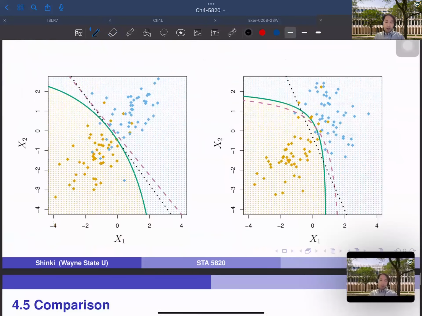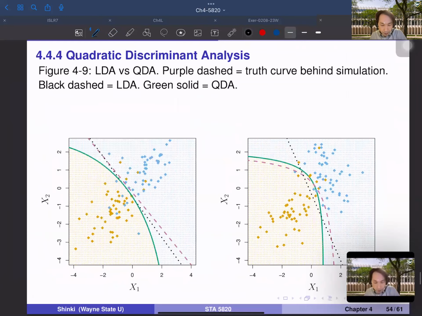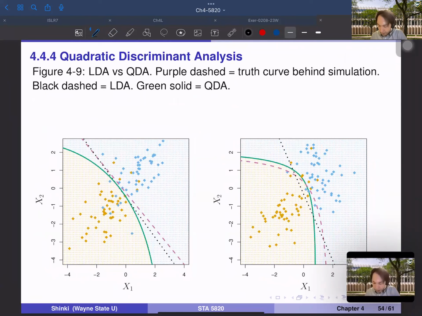And we wonder which is better in practice, LDA or QDA? Here are two examples. At first I will explain the situation. The purple dashed line is the true boundary.